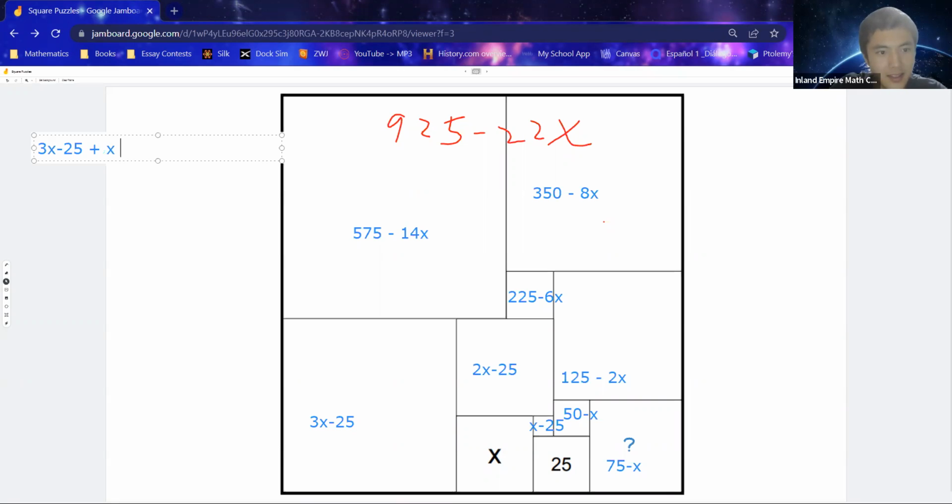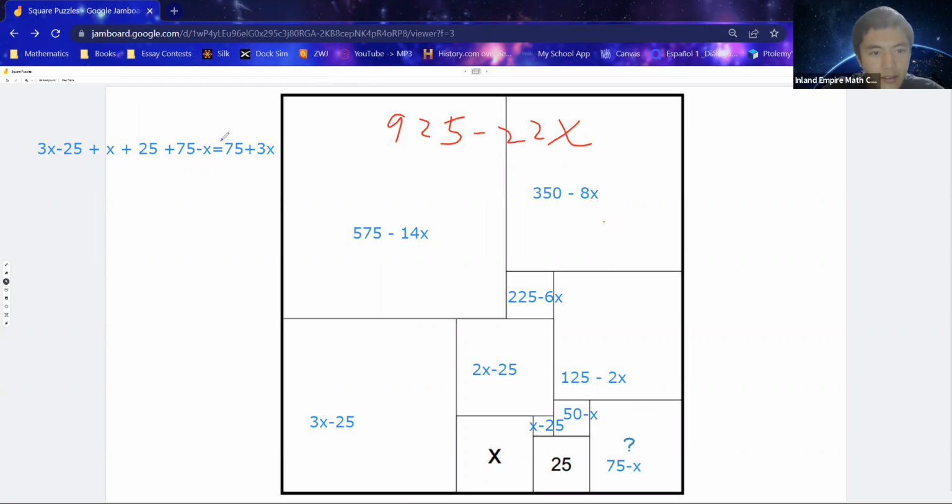Well, we could simply write an equation and add this up. So if you write it out, you should get 75 plus 3x, right? Because 3x minus 25 plus x plus 25 plus 75 minus x. For simplicity, you could argue that the x's cancel out, the 25s cancel, so you have 3x plus 75.